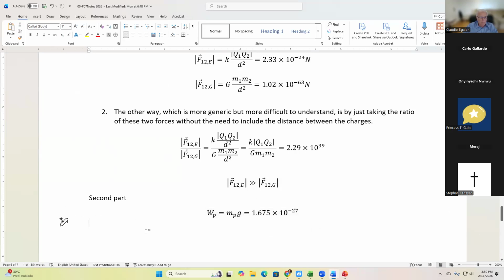Second, here's going to be the electron, and the numeric value is 9.11 times 10 to minus 31, like that. Oh, let's not forget, put the units, right? Put the units here. Here you go.